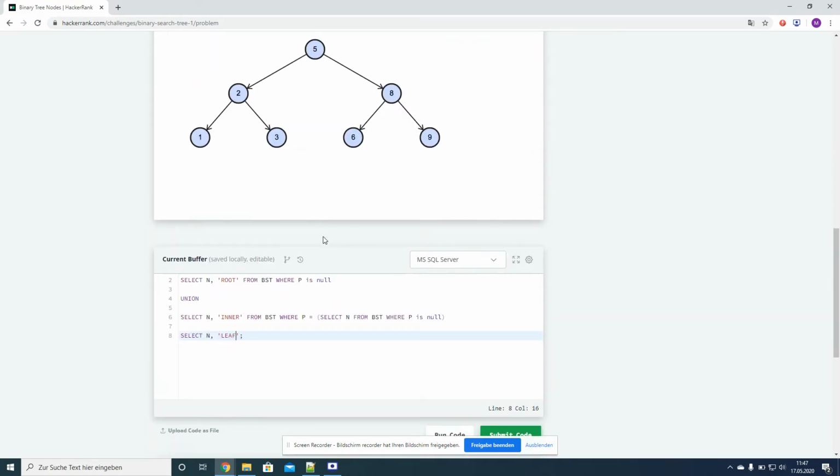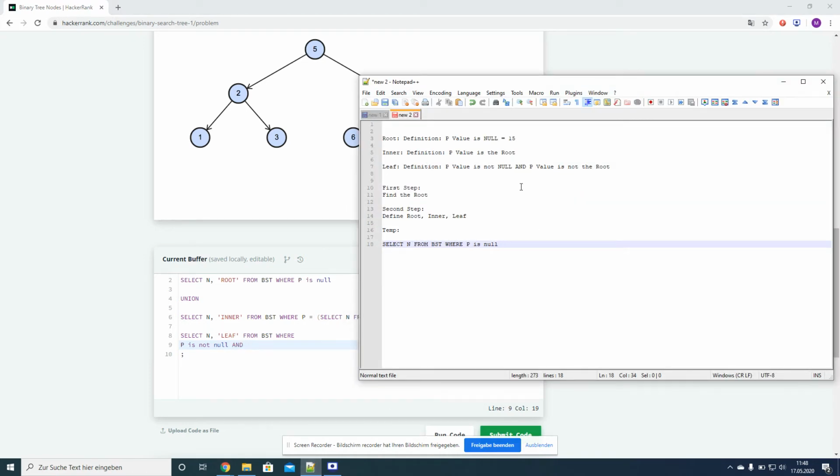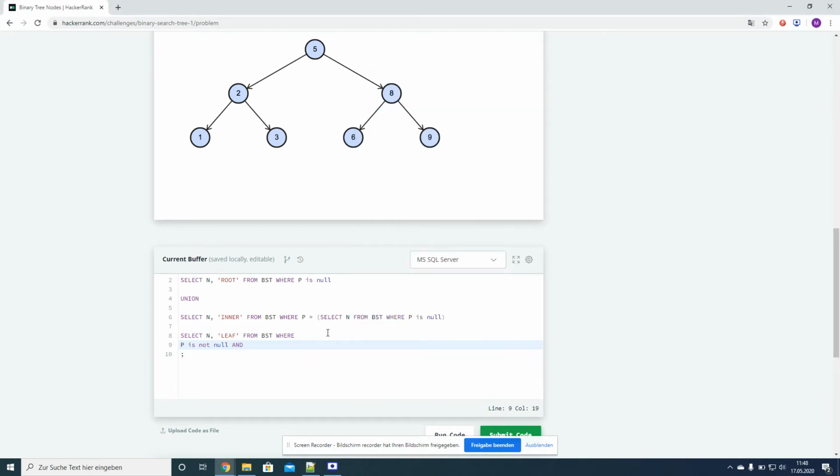Let's write leaf from BST where, so we have the conditions. P is not null, that's the first condition, and P is unequal to the root. So we don't need the equal sign, we need the unequal.